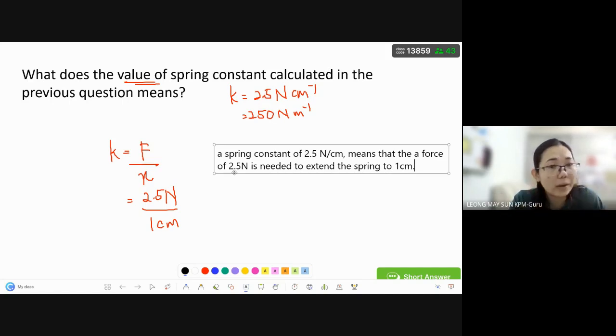So this is actually what the spring constant value means. All right. So please do take note. This came out for SPM before.